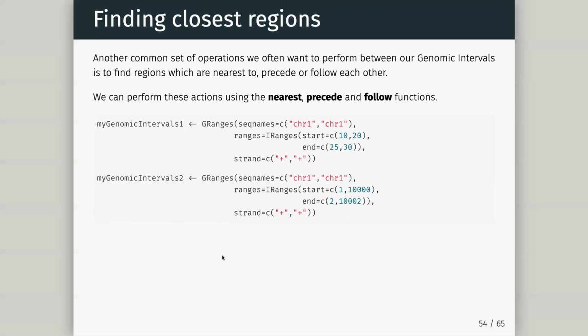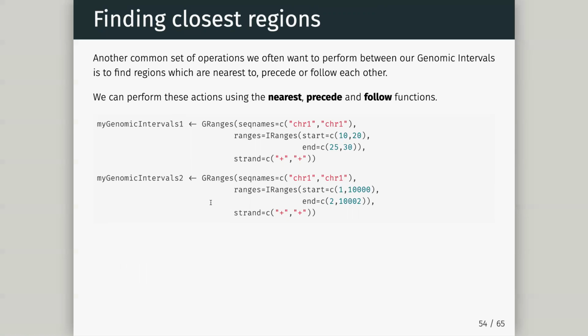Aside from just overlapping regions, another common operation, which can again be quite computationally expensive, that we want to perform on our genomic intervals is to find the nearest. We may also want to find the nearest but before and the nearest but after. Nearest is often used for enhancer to gene relationships.